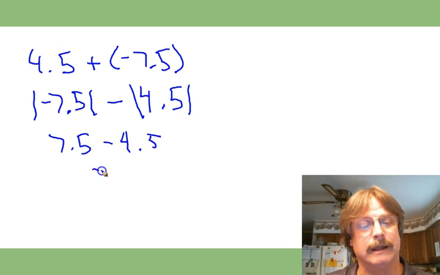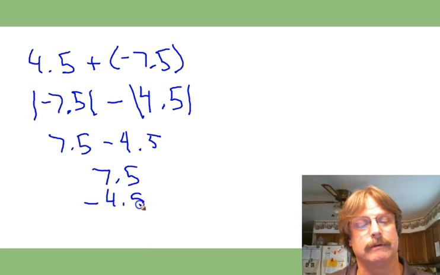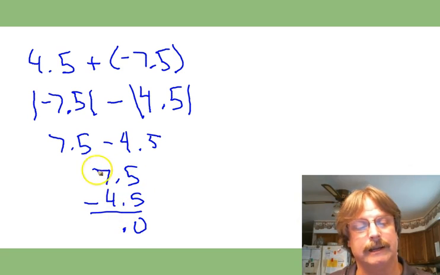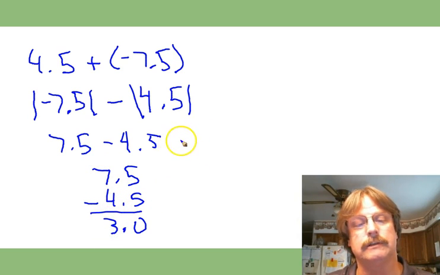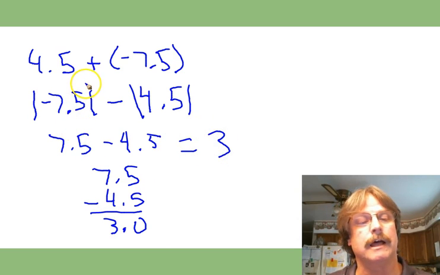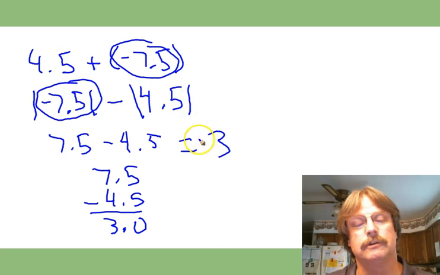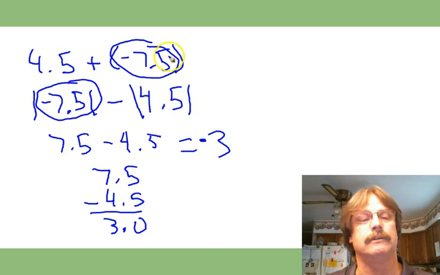If you line it up and do it this way in the vertical, minus 4.5. 5 minus 5 is 0. Bring your decimal down. Notice I got everything lined up. 7 minus 4 is 3. So your answer is going to be 3. And if you remember from the video, you take the sign of the larger absolute number. So it's going to be -3. This is a more efficient way of doing this than trying to use your number line.